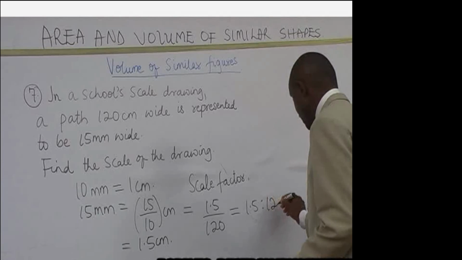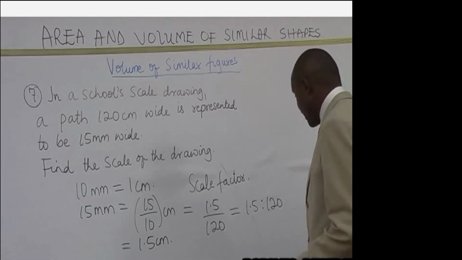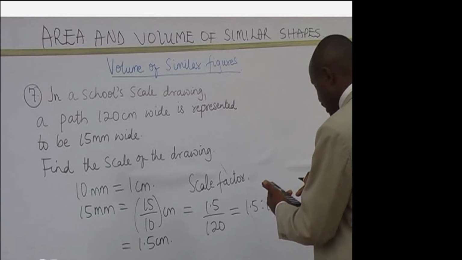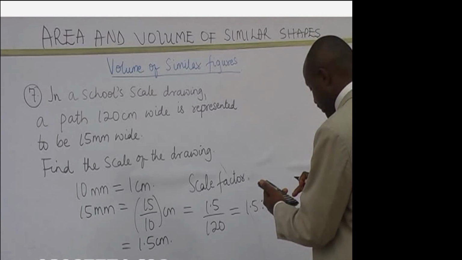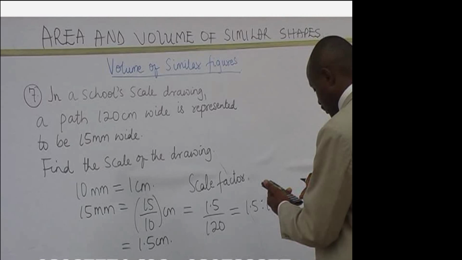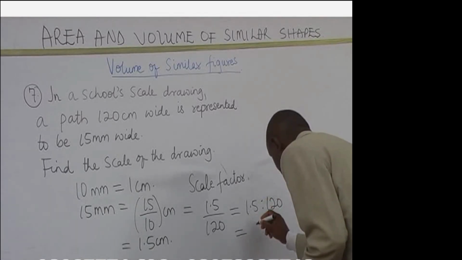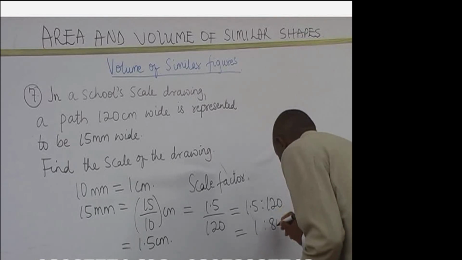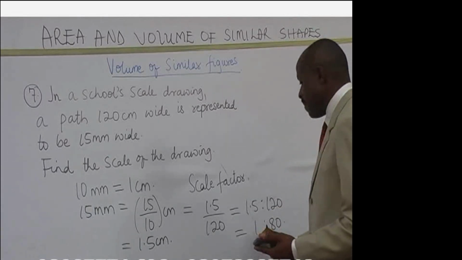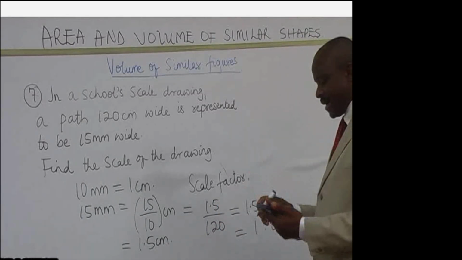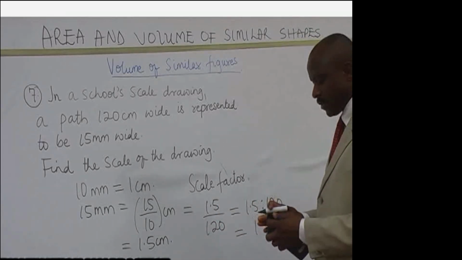Let's divide 120 by 1.5, giving me 80. So this ratio is 1:80. 1 cm on the paper representing 80 cm in the real compound.